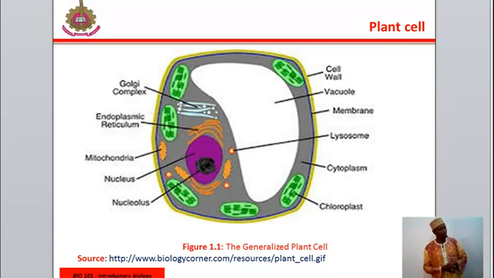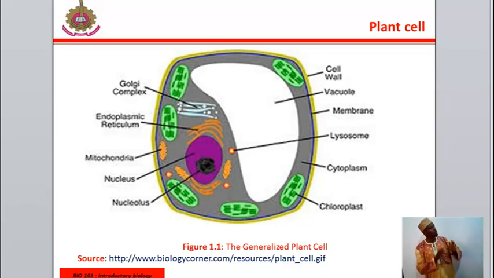The green plants can synthesize their food on their own, can manufacture their food on their own. This ability is as a result of the presence of chloroplast in their cells, which contains chlorophyll, the substance that the plant uses to trap the radiant energy, which can be used to synthesize glucose, which other organisms depend upon.